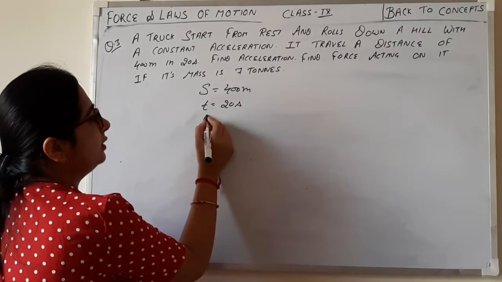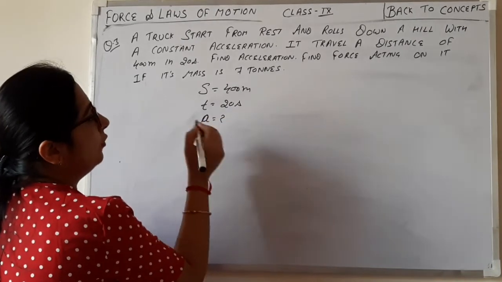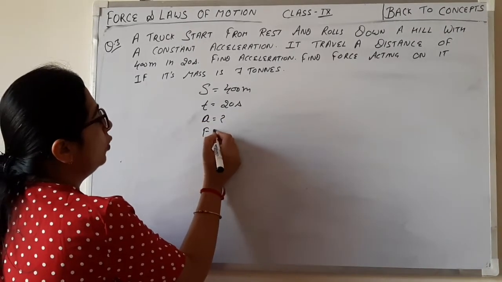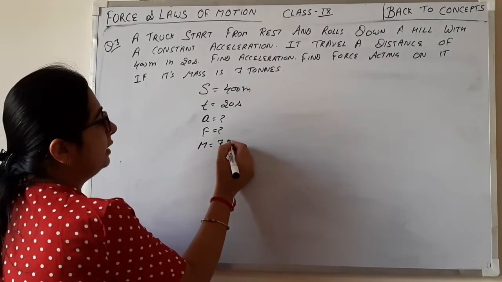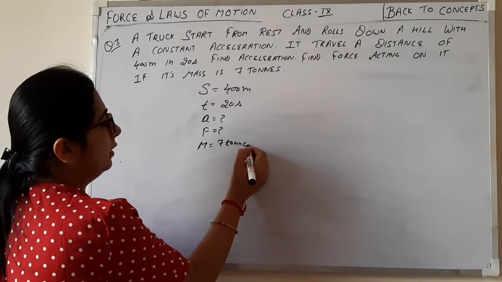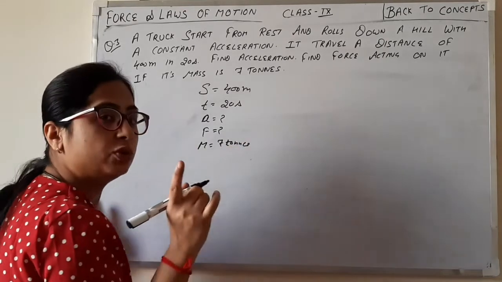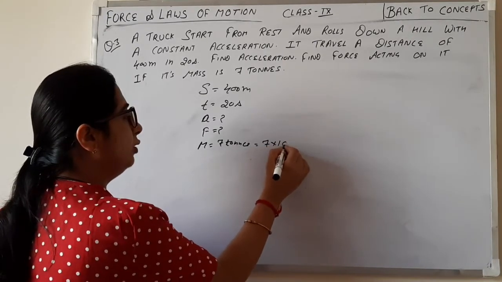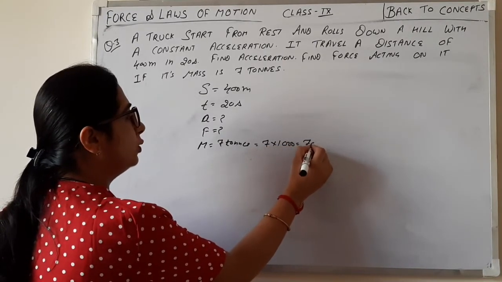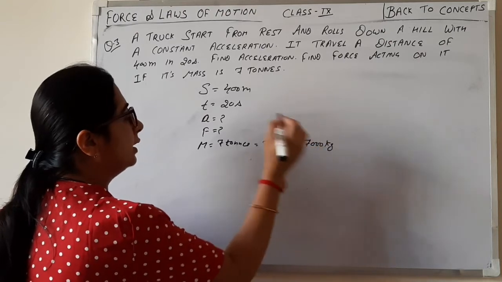Find acceleration. Find force acting on it if its mass is 7 ton. And 1 ton is equal to 1000 kilogram. So what's the value of mass in kilogram?